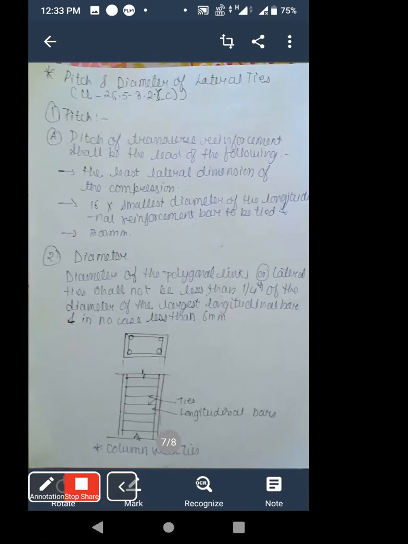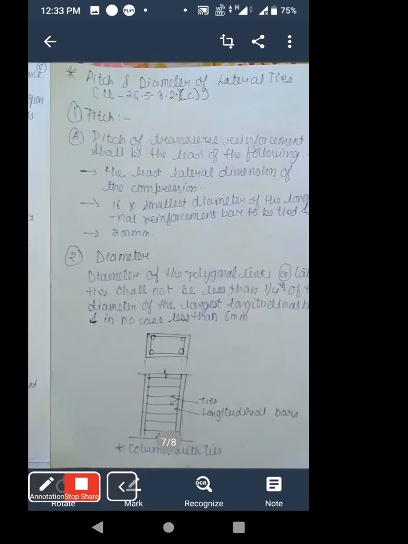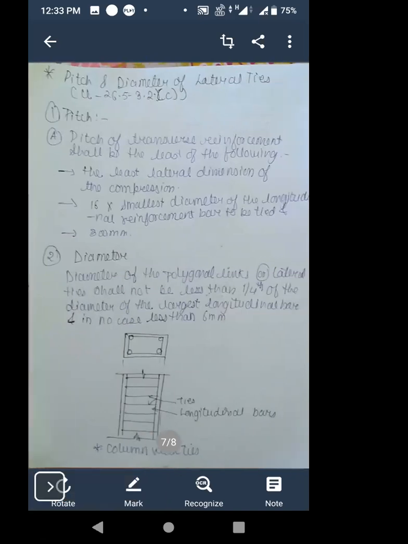That is, the diameter of the polygonal link or lateral tie shall not be less than 1/4 of the diameter of the largest longitudinal bar, and in no case should it be less than 6 mm. You have to go with 6 mm, or a diameter not less than 1/4 of the diameter of your largest longitudinal bar.